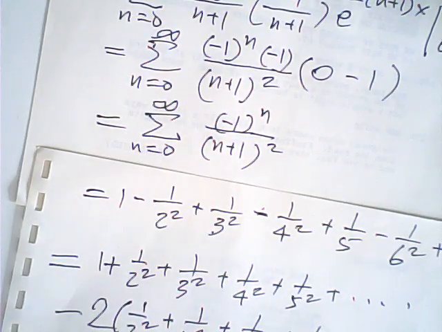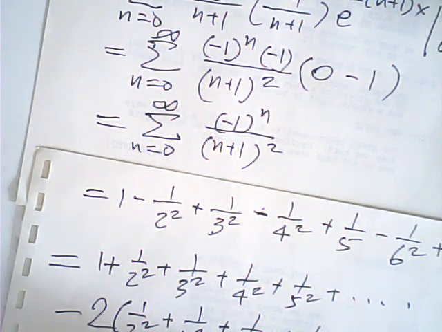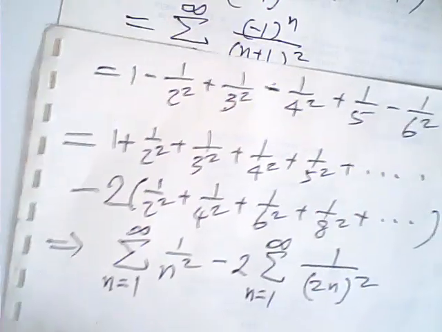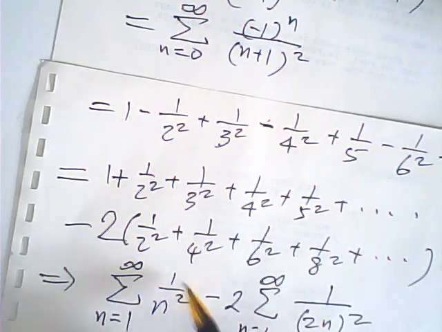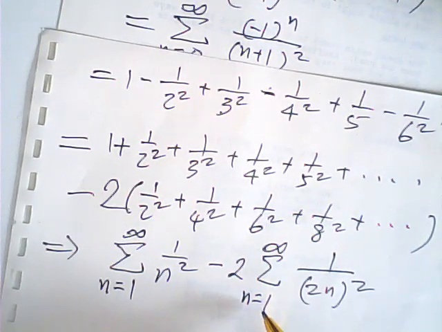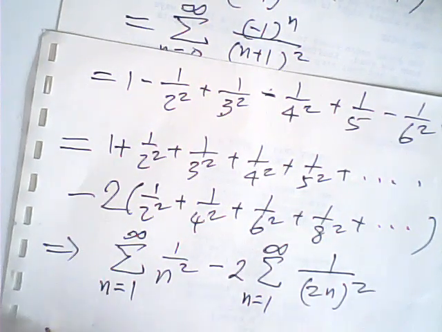This one is this, minus twice that one, which is the sum from n equals 1 to infinity over even numbers squared. This one is this, this one is that.